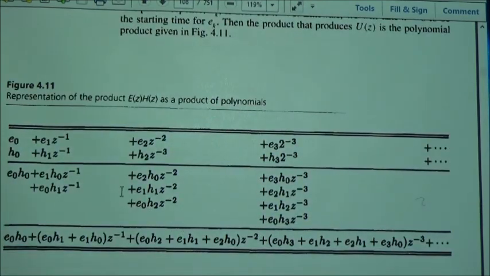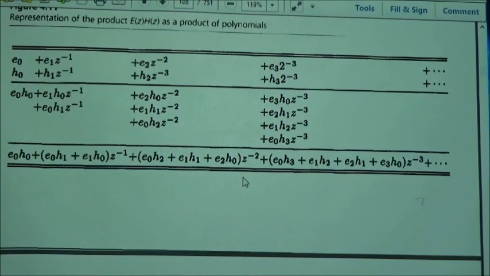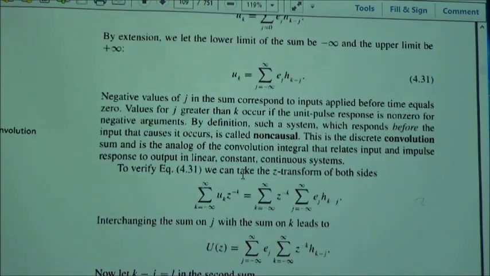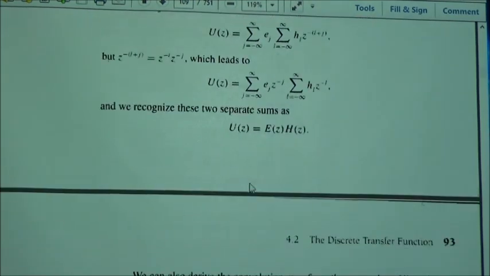And these are terminology of how to go from one term to another term, how you product the polynomials. I don't really expect you to do these things because those are old-fashioned way of doing things.